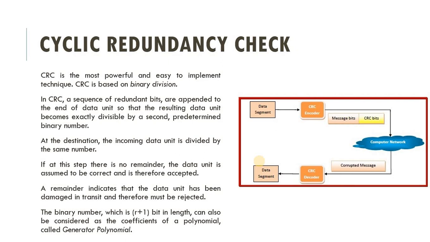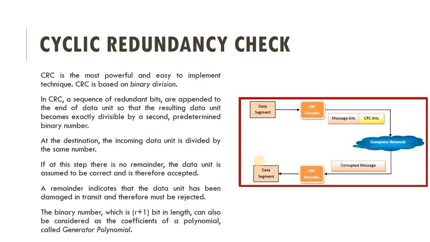So at the destination, the incoming data unit is divided by the same number. If at this step there is no remainder, the data unit is assumed to be correct and is therefore accepted, as I said. And a remainder indicates that the data unit has been damaged in transit and therefore must be rejected.